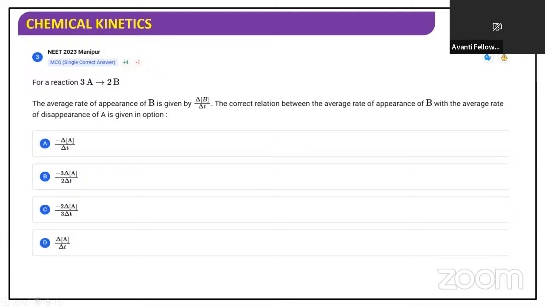So they are saying for the reaction 3A gives us 2B. In this, you just need to write the relationship between rate of disappearance and rate of appearance, right? The rate of disappearance of A is 3 del A by del t.